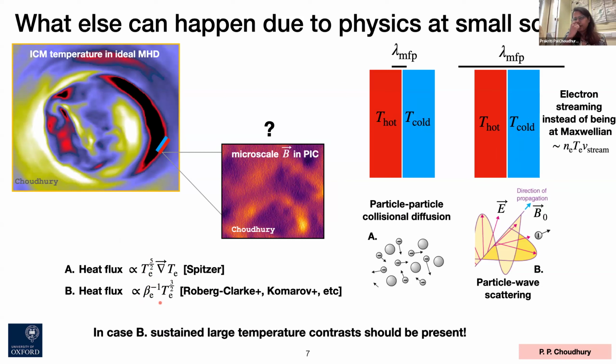What it all implies is that in the second case, this temperature contrast is maintained much better than in the first case. So in a way, from the observations, we can distinguish which region is collisionally dominated and which region is not.